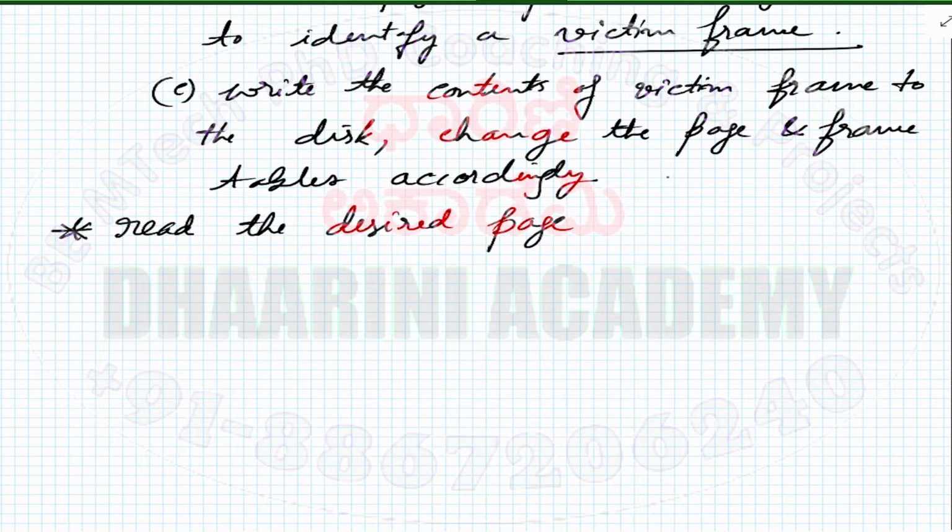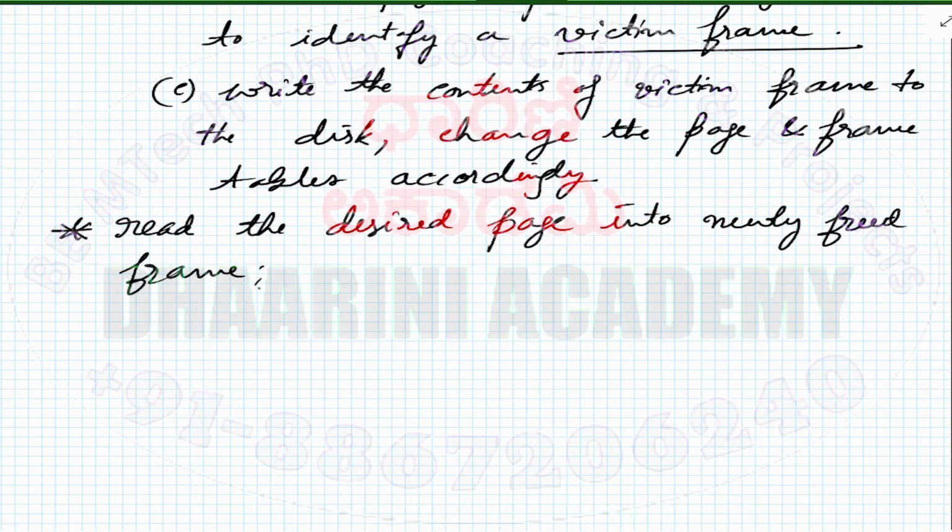This is what I want to overwrite there, into the newly freed frame. Check what the content is, and you simply need to read that into that frame. Then change the page or the frame table.